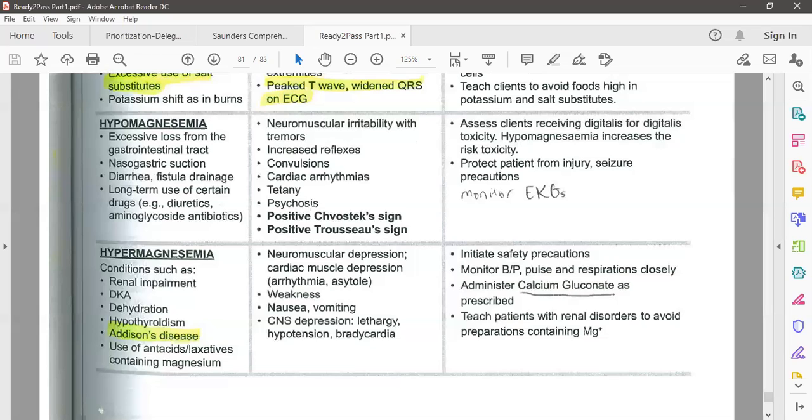If your patient has hypomagnesemia, always assess whether the client is receiving digitalis. We have to take the history. Does the patient take digitalis or digoxin? Because hypomagnesemia increases the risk of digoxin toxicity. Also protect the patient from injury or seizure, with seizure precautions.